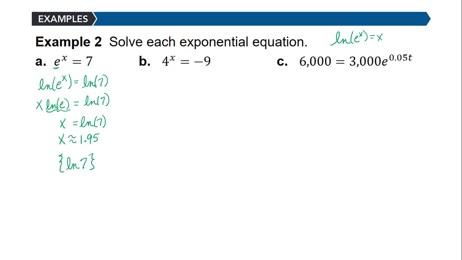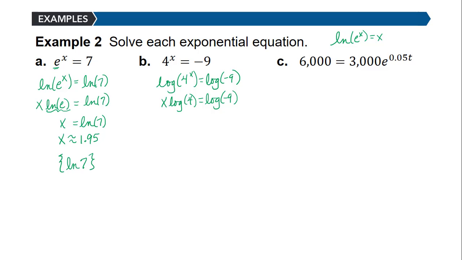Part B is 4 to the x equals negative 9. And so if we used the common log to take the log of 4 to the x equals the log of negative 9, we would get x times the log of 4 equals the log of negative 9. But do you remember that the argument of a log must be strictly greater than 0.